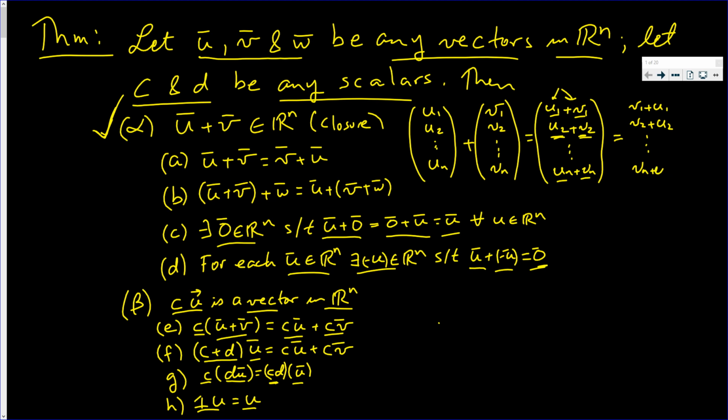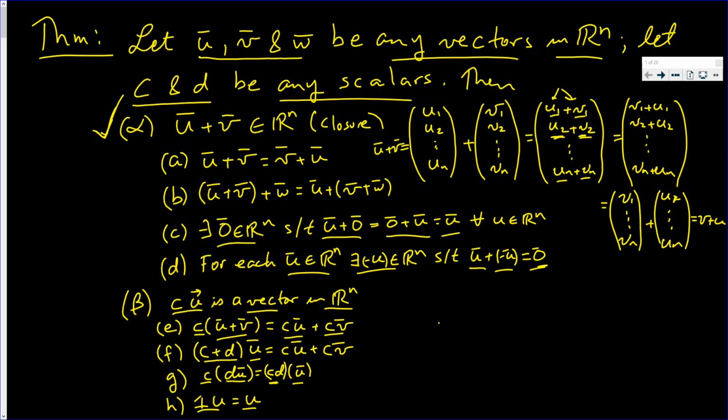But it turns out that that's just v1 up to vn plus u1 all the way down to un. Well, that's v plus u. And over here, we had u plus v. So I proved A.